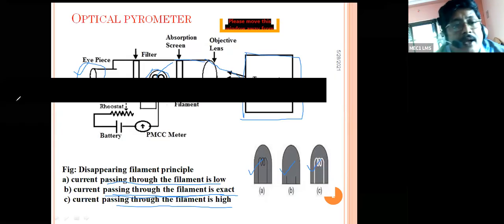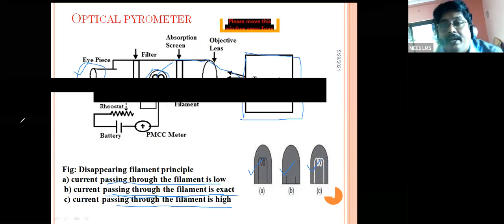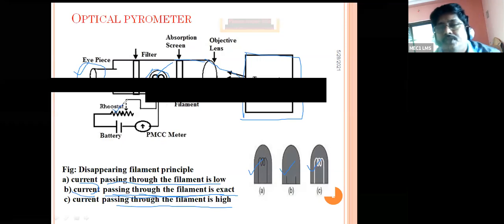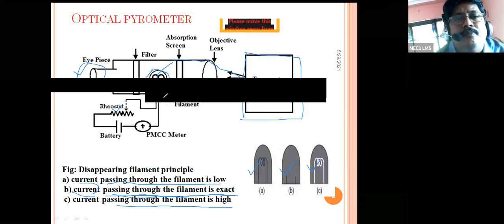That is a good thing. So what I told you is that here, current is calibrated into the temperature of that particular body. See here, the current passing through here, we are adjusting with the help of the rheostat. So when the rheostat is adjusted, the current varies.